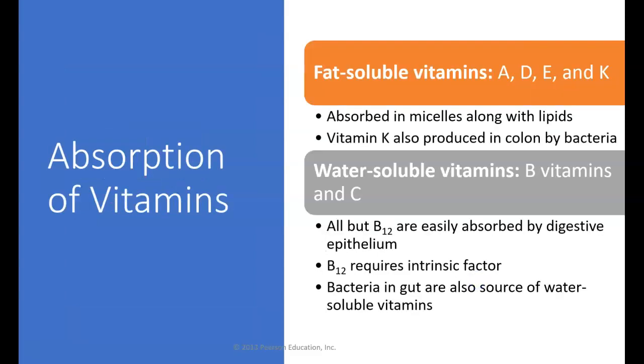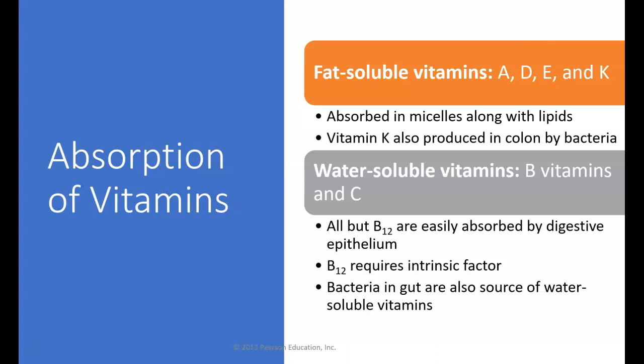Vitamins, we have vitamins that are fat soluble or water soluble. Fat soluble vitamins are going to be absorbed in the mucosa along with the lipids. Vitamin K will be produced in the colon by bacteria. So those are all fat soluble vitamins that will then enter into the circulatory system.